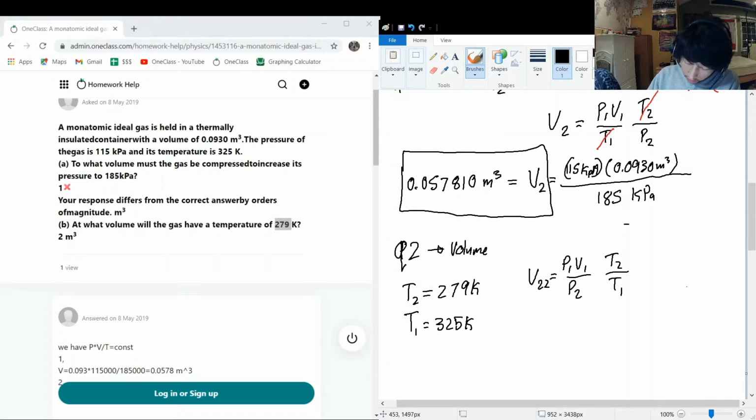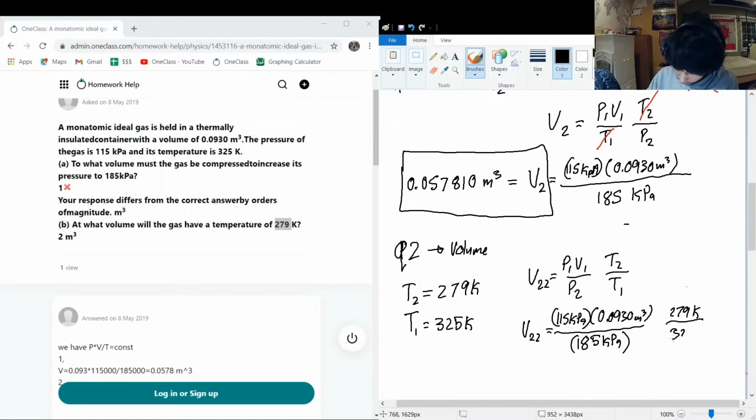Let's call this V22 because it's the V2 of the second volume corresponding to the second equation. It's pretty much the same as the previous, so let's just rewrite that. V22 is equal to 115 kilopascals multiplied by 0.0930 cubic meters, over 185 kilopascals, multiplied by T2, which is 279 Kelvin, over 325 Kelvin.